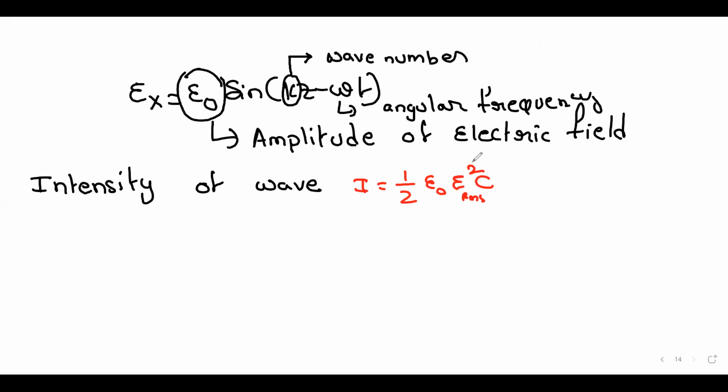What is RMS? Root mean square. So E RMS is E naught by root 2. Is it clear?